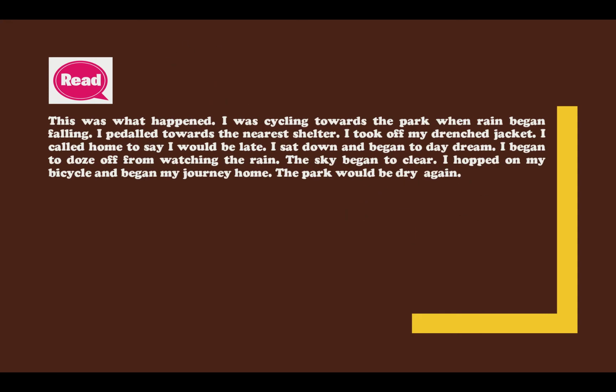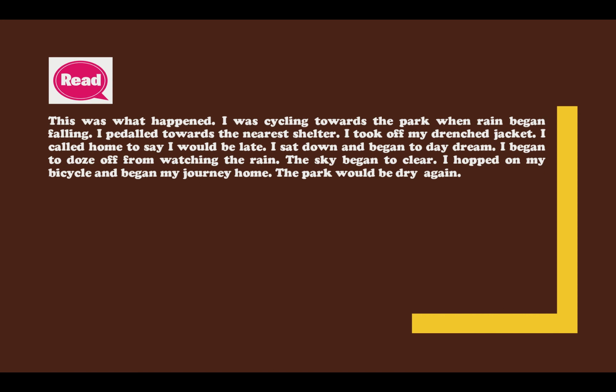Let's do a bit of reading right now. I would like you to start off by reading a short passage. Let's read the passage together. This was what happened. I was cycling towards the park when rain began falling. I paddled towards the nearest shelter.